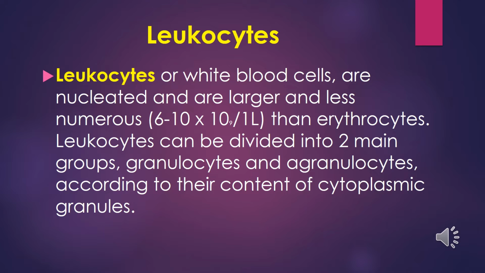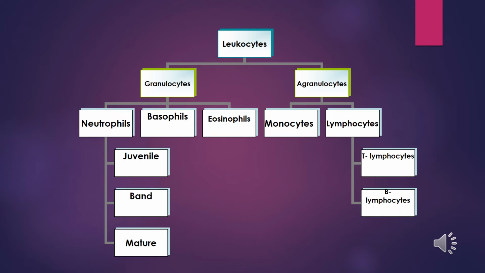Leukocytes are divided into two main groups, granulocytes and agranulocytes, according to the content of granules in the cytoplasm. This is a very good scheme showing you the types of leukocytes, granulocytes and agranulocytes.